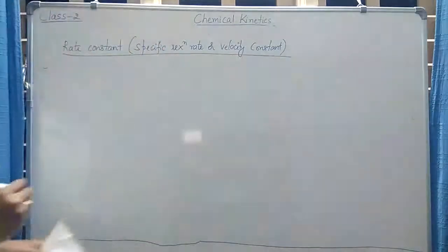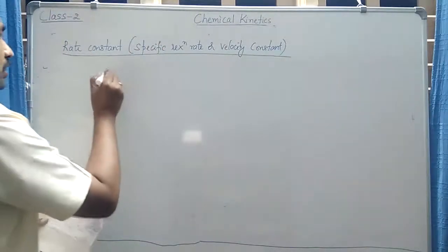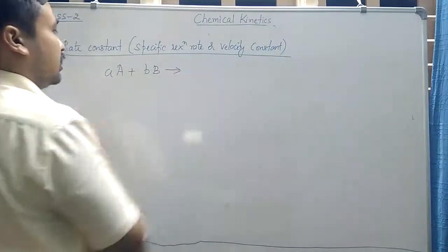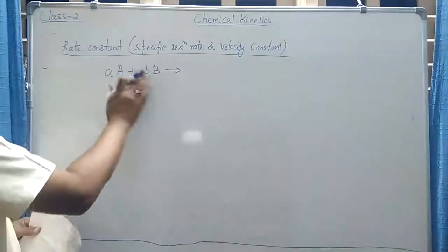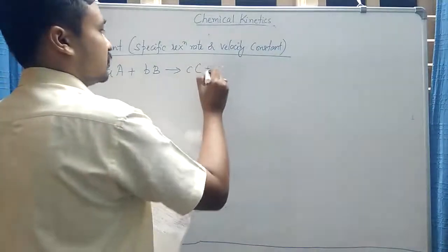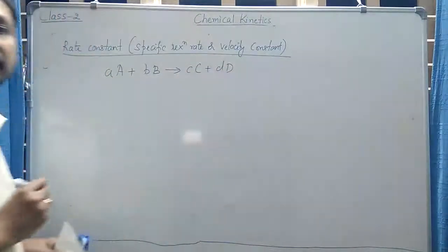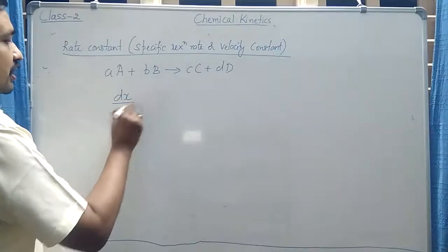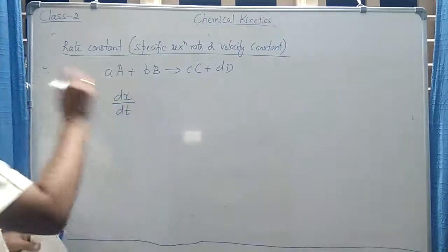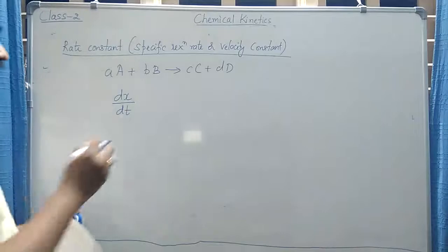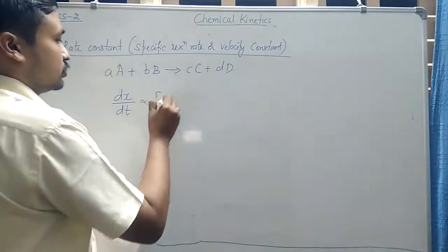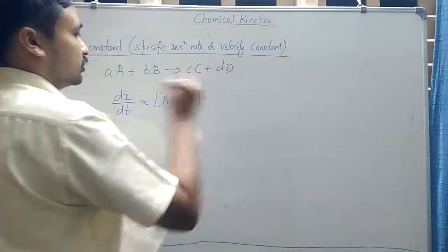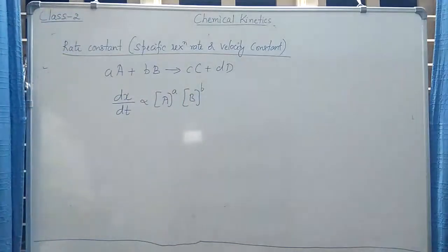Let us go back to the law of mass action. Let us consider the reaction a moles of A plus b moles of B giving c moles of C plus d moles of D. According to the law of mass action, the rate of this reaction, dx by dt, where x may be one of the reactants or one of the products, is directly proportional to the concentration of A to the power a into the concentration of B to the power b.